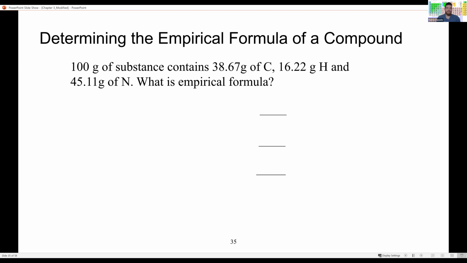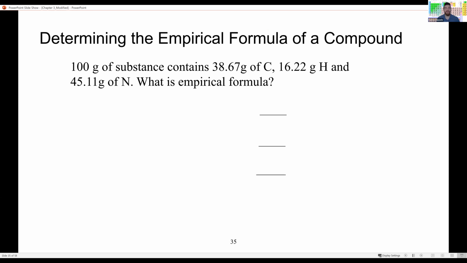Okay, let's get started. I would love to do this by hand, but my pen doesn't work, so I'll talk you through the work. If you have 38.67 grams of carbon, we want to convert that into moles. To do that, we divide it by 12.011, which is on the periodic table, the average atomic mass.